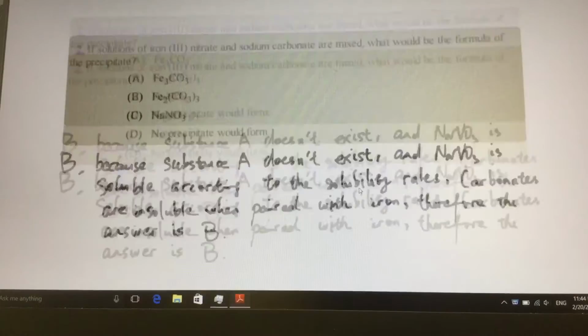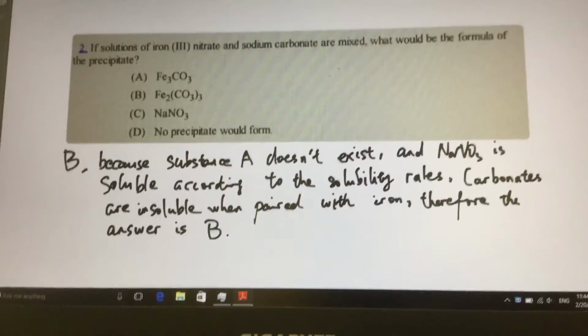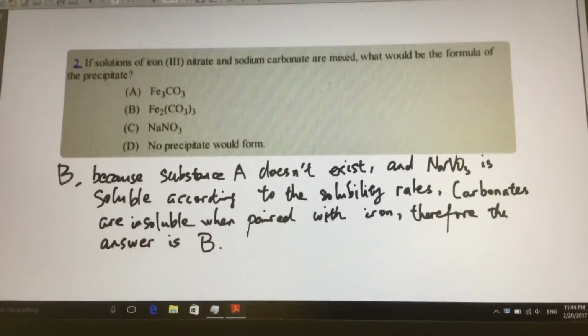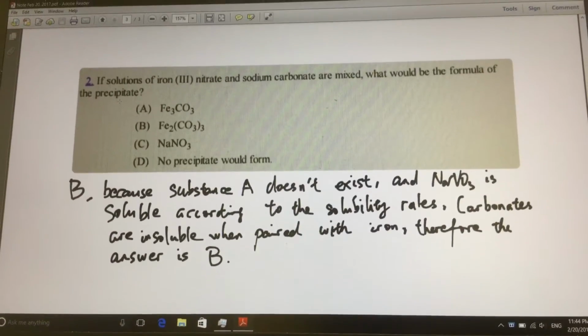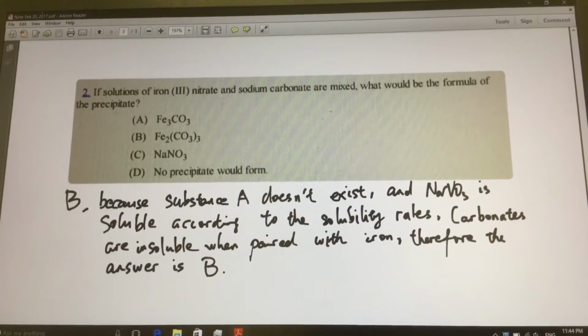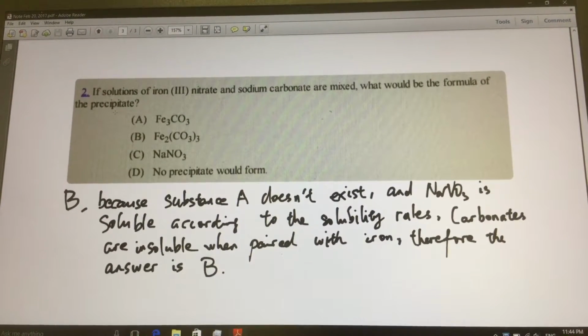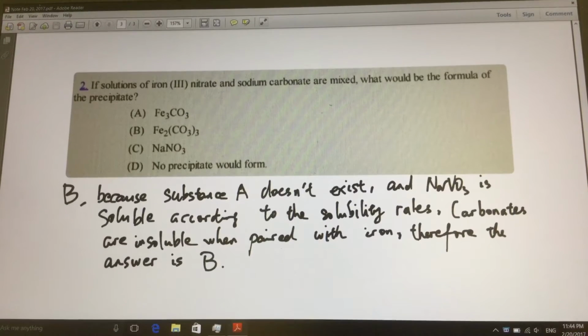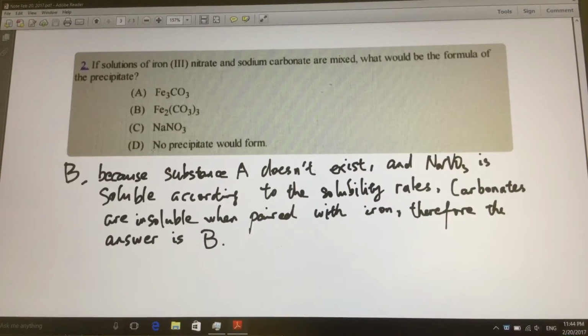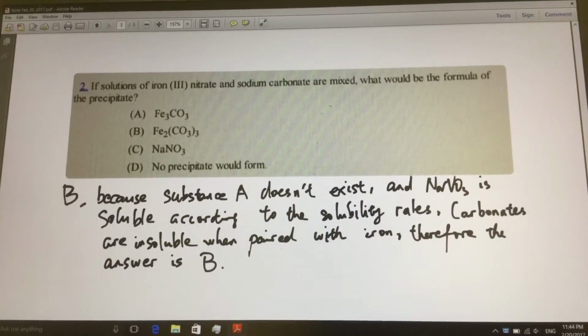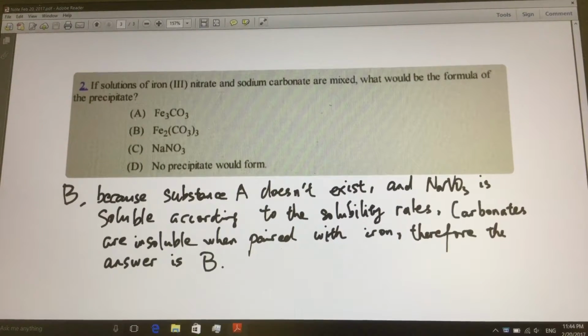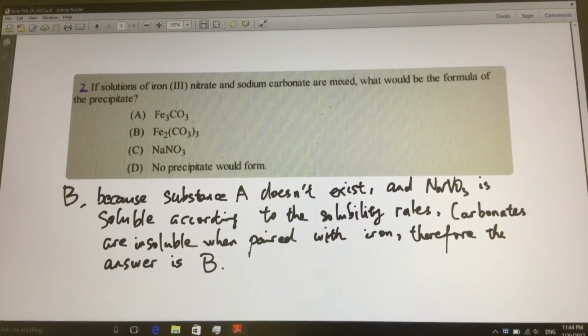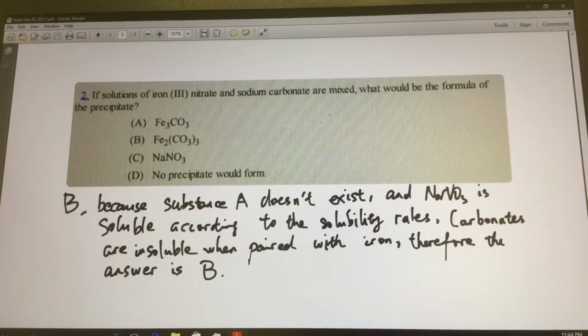And this is our final MCQ. If solutions of iron 3 nitrate and sodium carbonate are mixed, what would be the formula of the precipitate? Well, I have the answer here. It's B, because first off, choice A is not actually a substance.